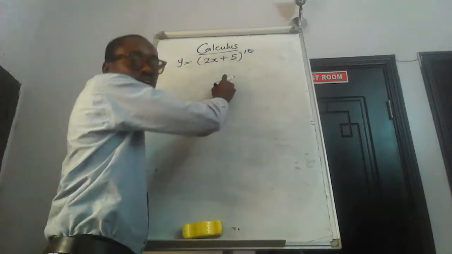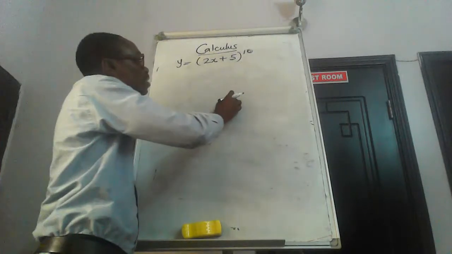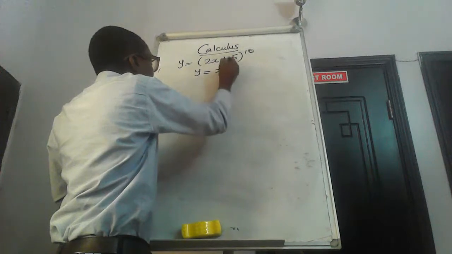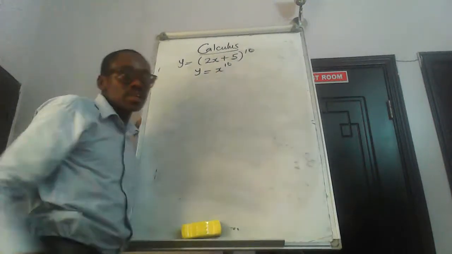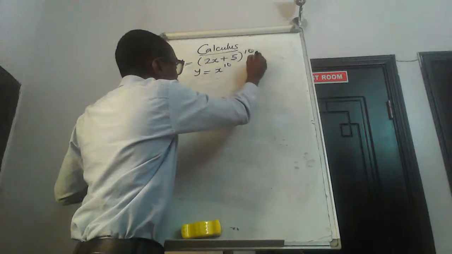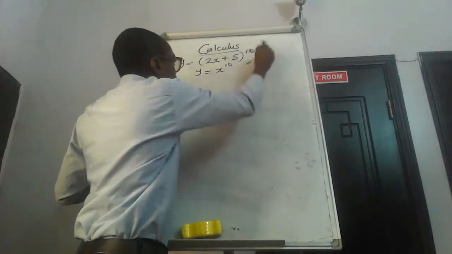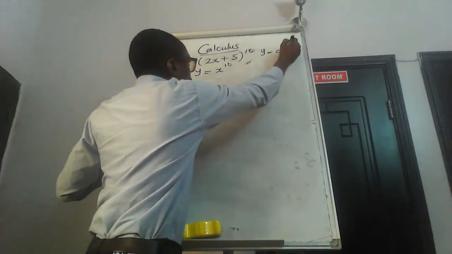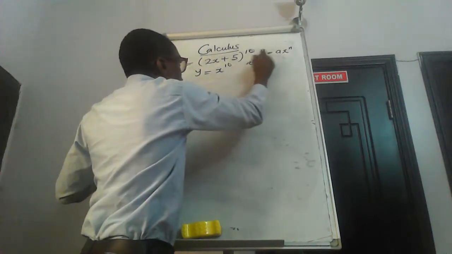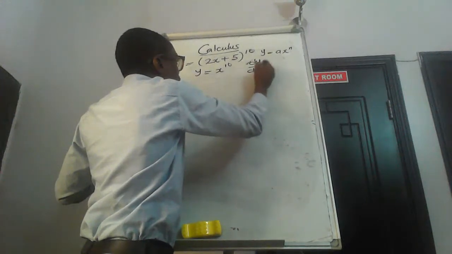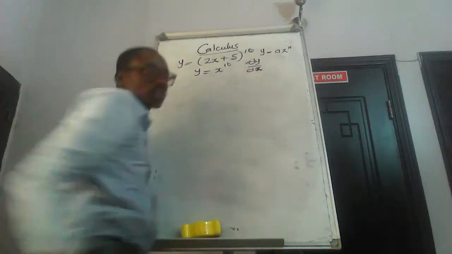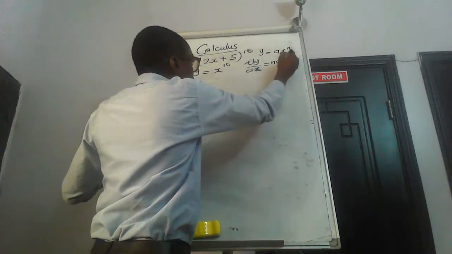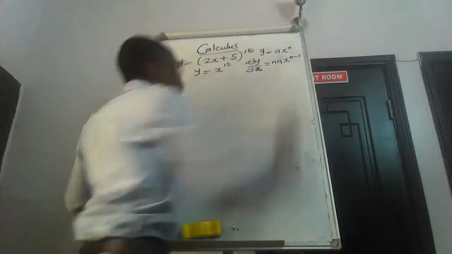Normally, in our first lesson, we said that when you have a function, let's say y equals x raised to power 10, you can actually apply the general formula, which is that if you have y equals a x raised to power n, then dy/dx, which is your differential coefficient, is equal to n times a x raised to power n minus 1.